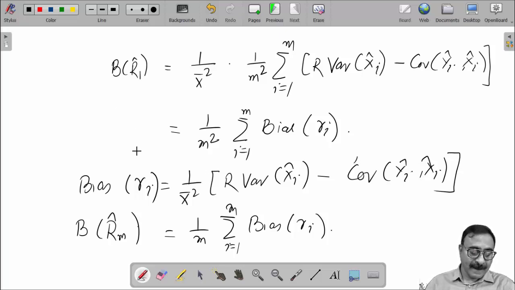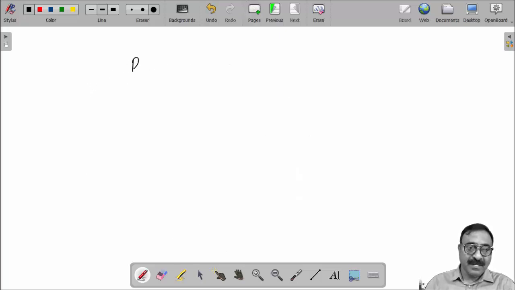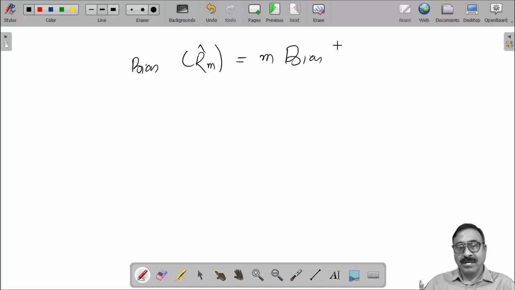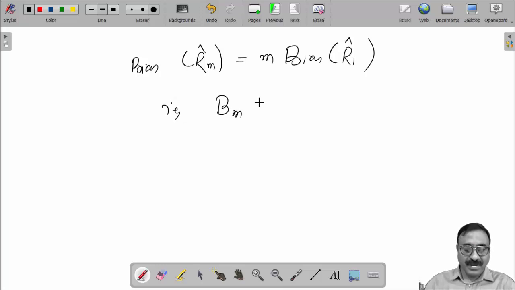So we have bias Rm bar equal to m times bias R1 cap, that is Bm equal to m into B1.